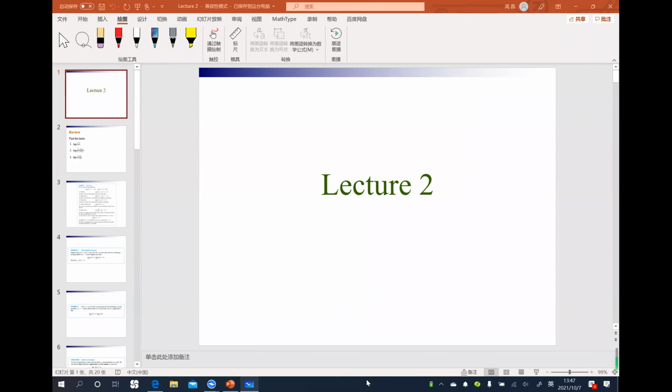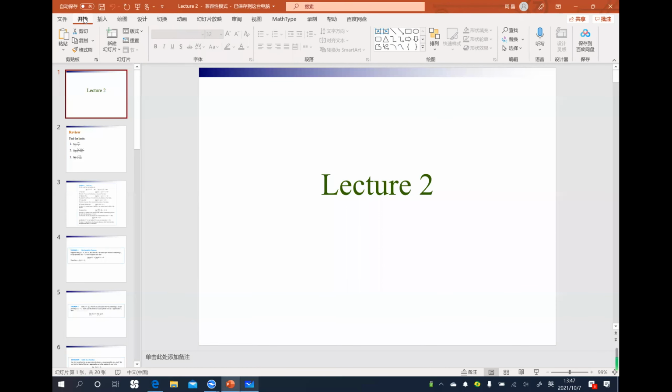So now let's start our lesson today. Last week we learned the definitions of the function and the definition of the limits. So now first we will review the definitions, especially the definition of the limits.